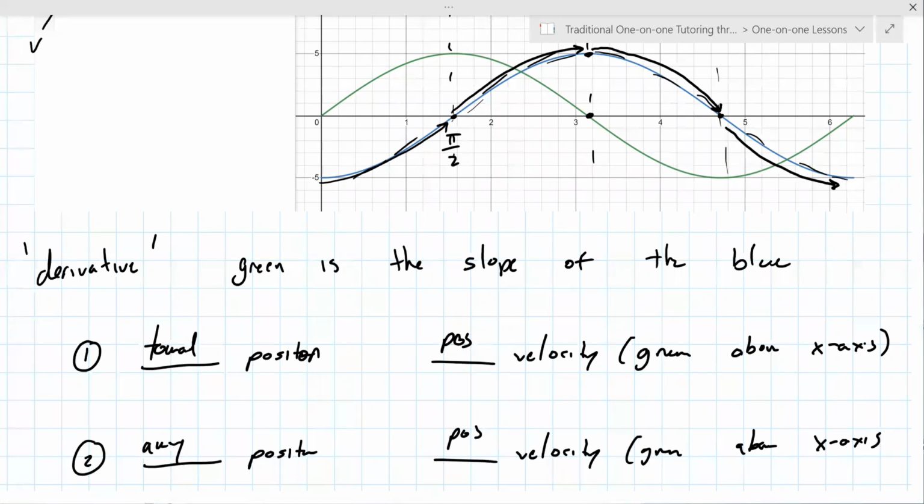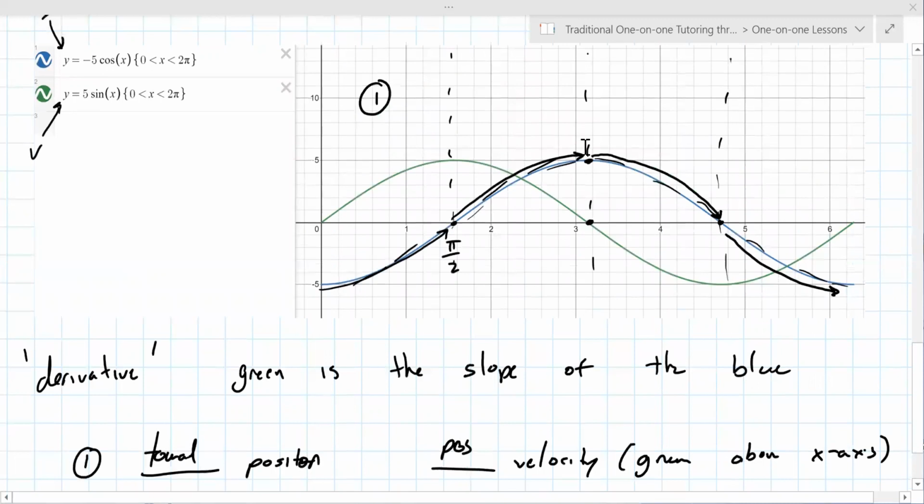Okay, so even though the blue is going down, it still is positive. Well, not yet. The blue is going up, but you really only care whether it's above or below the x-axis. Oh, I see. It's going away from the origin.